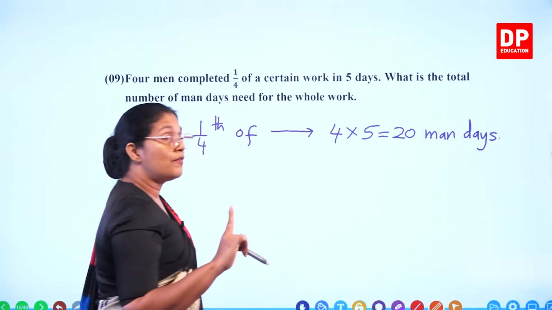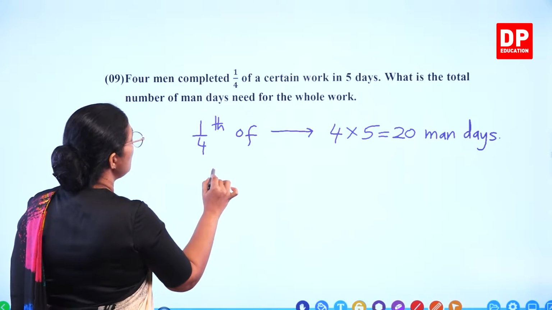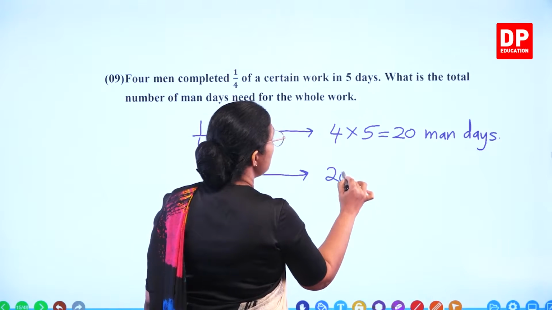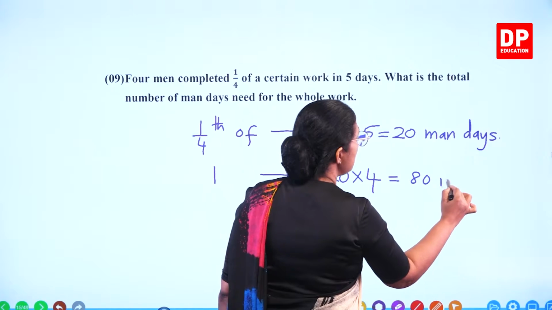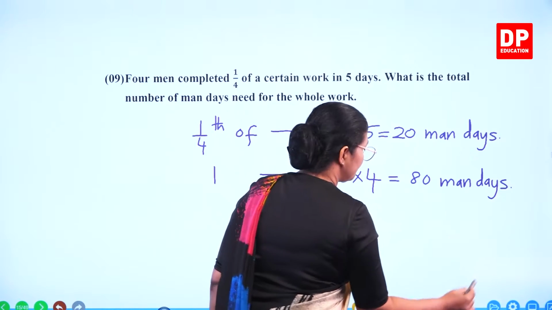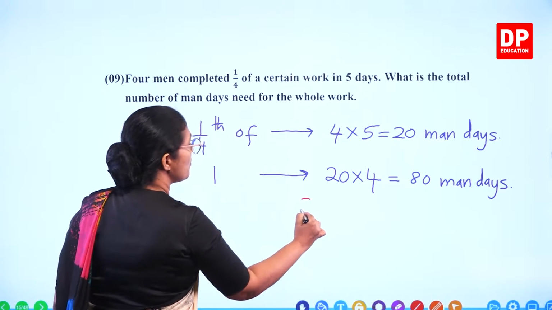To complete the whole work, you need 4 times of that. So, full one part means complete the whole thing. You need 20 times 4. Altogether, 80 man days. So, you get 2 marks for that.